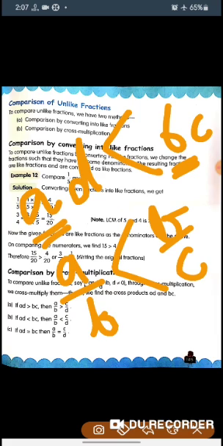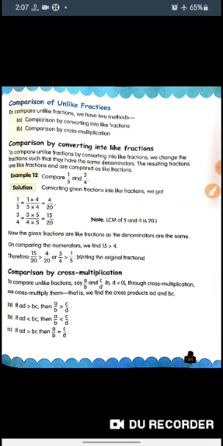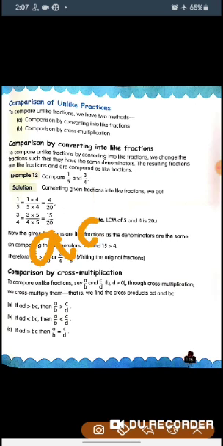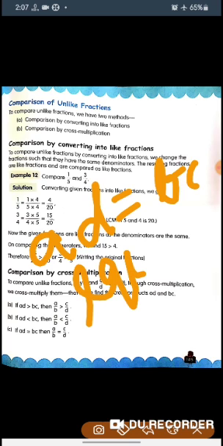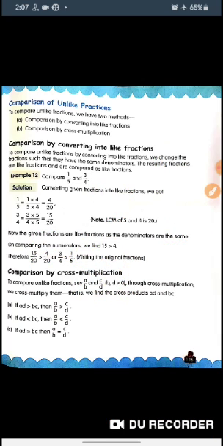This is a trick, okay? And if ad is equal to bc, then both are equal. If the multiplications of ad and bc are equal, then we say that both the fractions are equal.